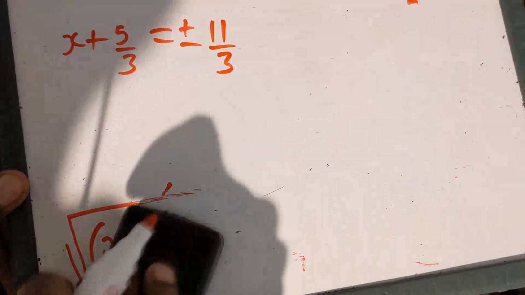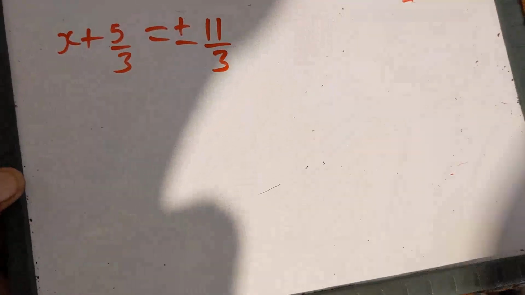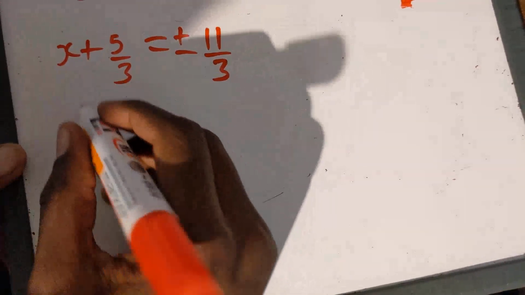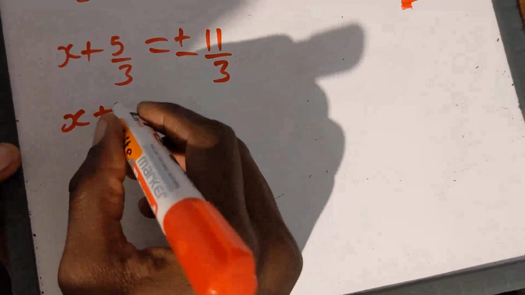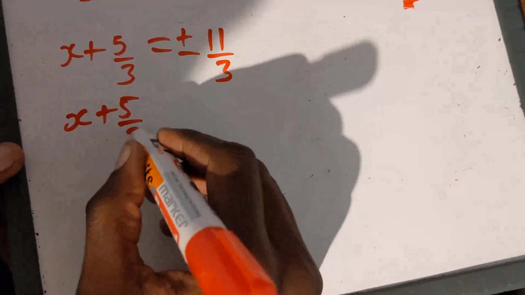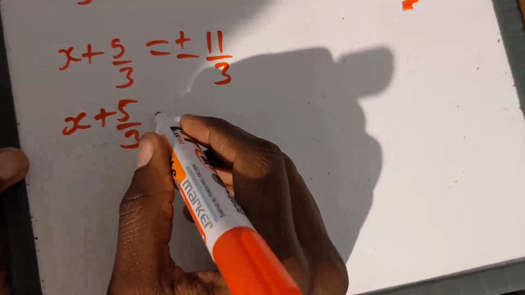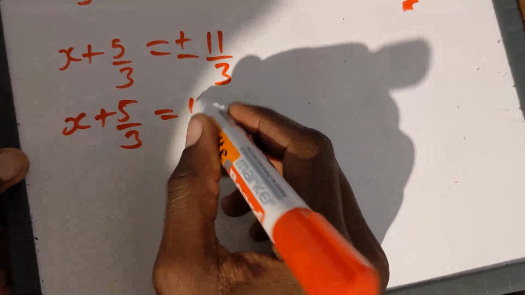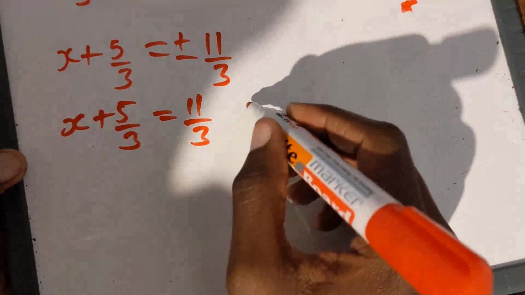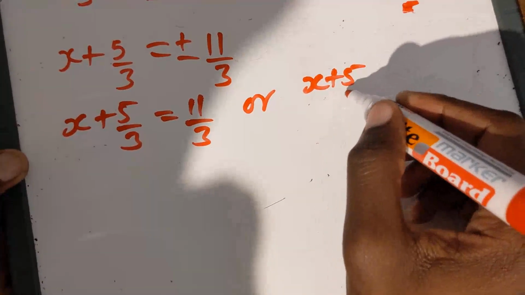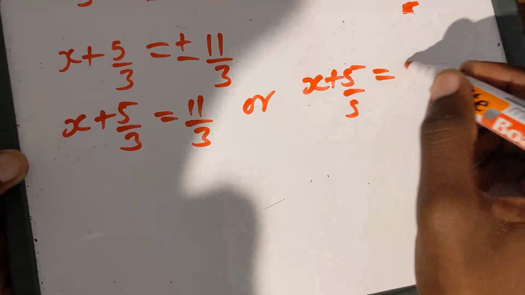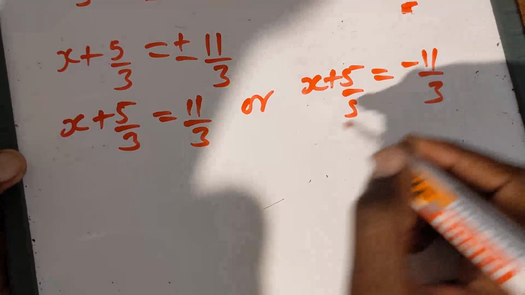So then here it will be x plus 5 over 3 is equal to 11 over 3, or x plus 5 over 3 is equal to negative 11 over 3, like that.